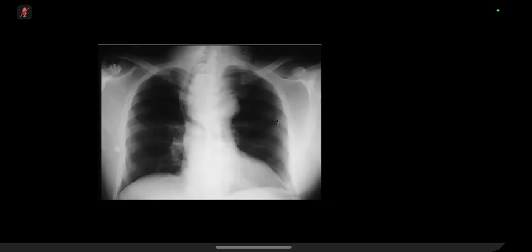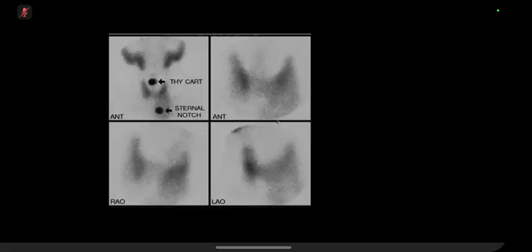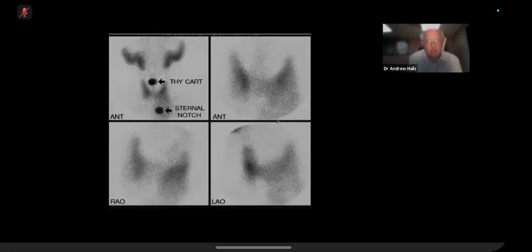I think it does extend above the clavicles, so is probably arising from the neck, and given that we're doing thyroid imaging, possibly a multinodular goiter or a significantly enlarged goiter. And what does this show you?